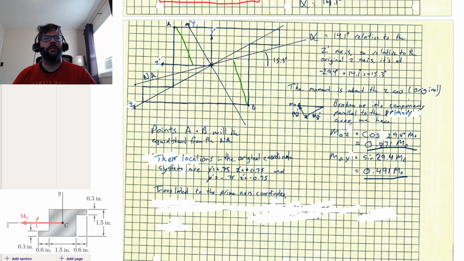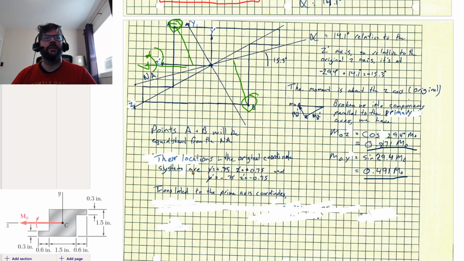So again, those are going to be equidistant from one another, and essentially what that means is that the magnitude of the stress is going to be the same, but the directionality of it is going to be different. So essentially, if we're applying a moment about this axis, then we expect this to be under compression and this to be under tension.